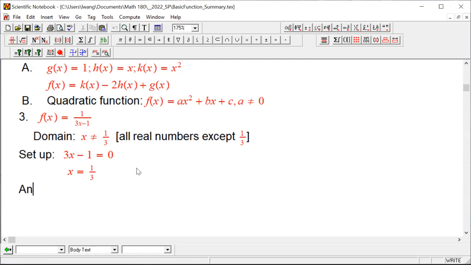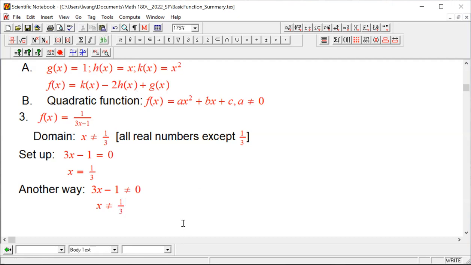Another way to set up is to say, hey, the denominator is 3x minus 1. It cannot be 0. And then we solve for x, that x cannot be, and of course, we still get x cannot be 1/3.